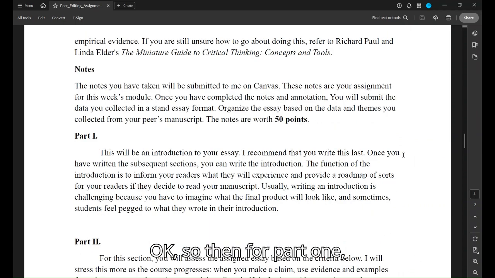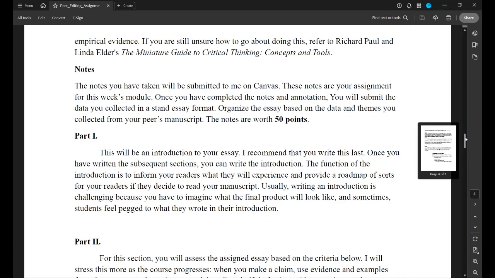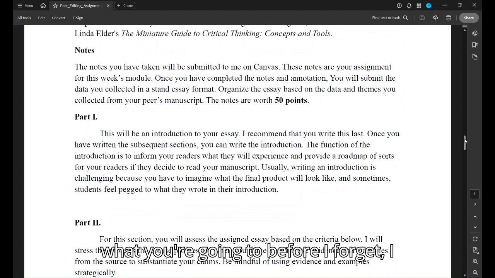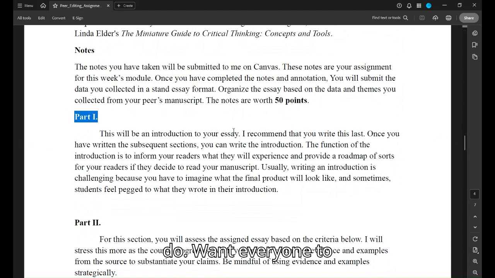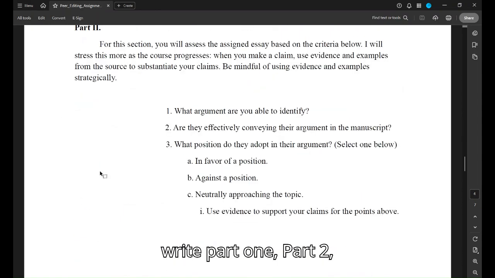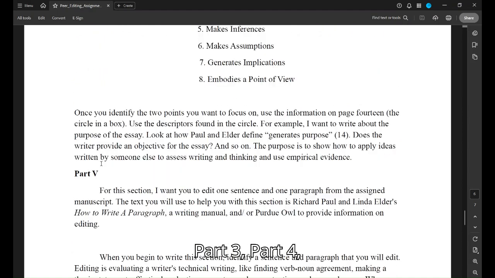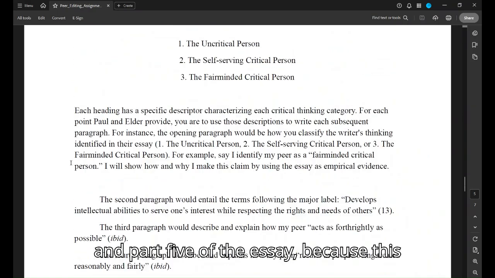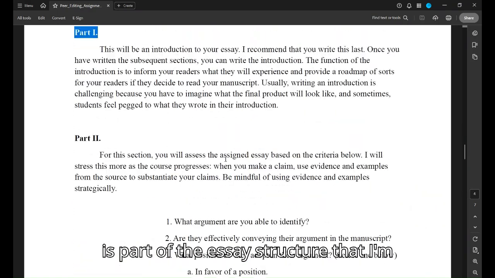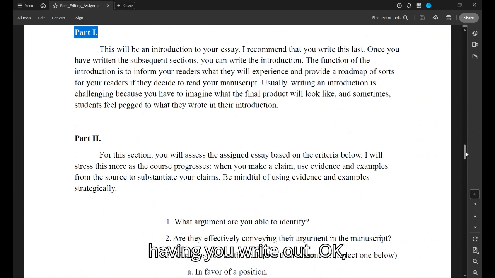For part one, before I forget, I do want everyone to write part one, part two, part three, part four, and part five of the essay, because this is part of the essay structure that I'm having you write out.